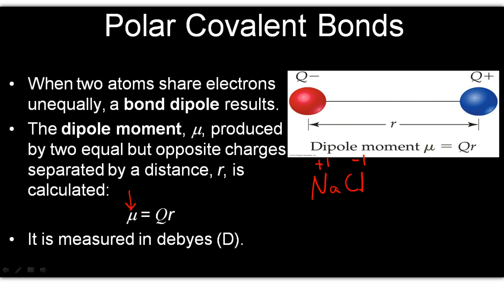The math is a little too lengthy to go through in this presentation, but we go through this process with Q, which is the relative charge, a constant value that we'll look at here, and then the distance between the atoms, and we can determine what the dipole moment actually is. It's measured in a unit called debyes. Again, when we're in class, we'll do a better job of looking at this. Afterwards, once we have a value, we can experimentally go backwards and determine what the actual charge difference between some of these atoms would be.